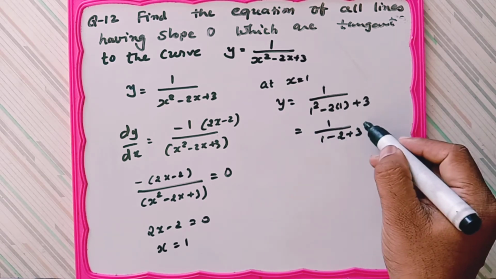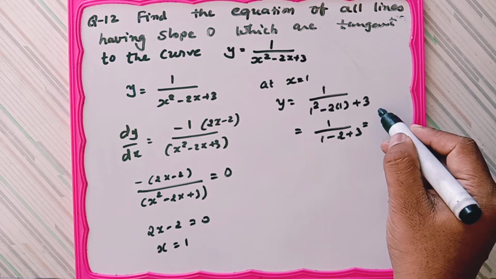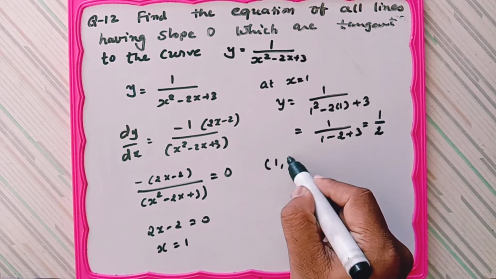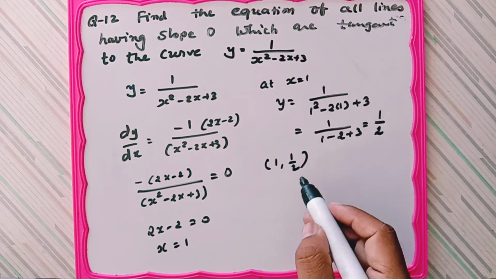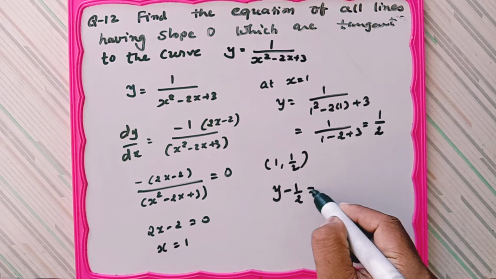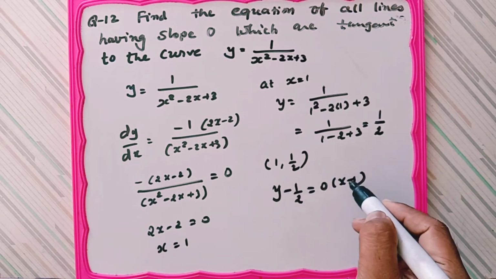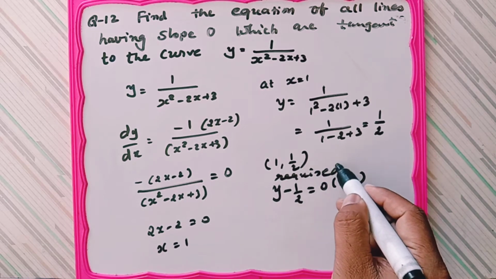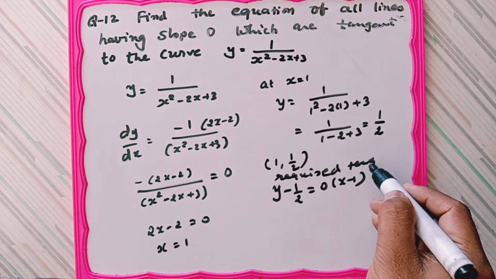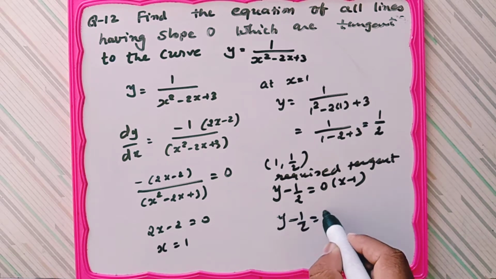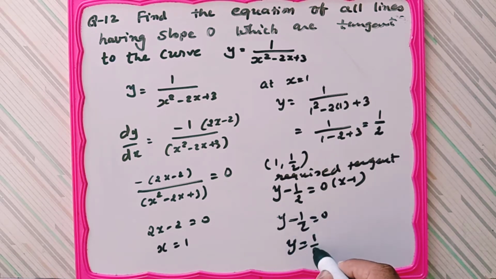So 3 plus 1 is 4, 4 minus 2 is 2, it is 1 by 2. And so we have the point (1, 1 by 2), and the required tangent will be y minus 1 by 2 equals 0 into (x minus 1). And so y minus 1 by 2 equals 0, so y equals 1 by 2.